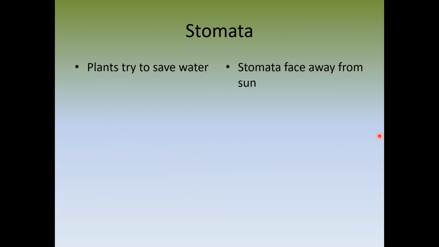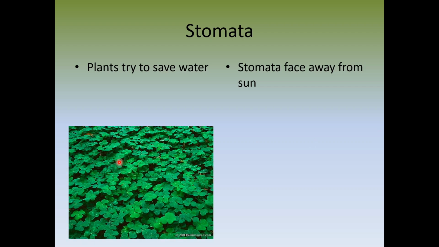So stomata kind of want to hide, right? Because if they were out in the sun all the time, they would dry out. If you look at clover, you only find stomata on the underside of the leaf, not on the top, because the sun would shine on that clover and dry it out too fast.